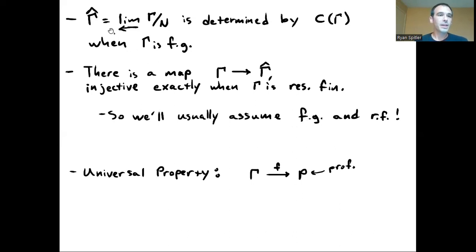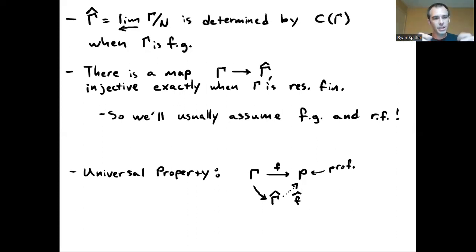One other nice property of the profinite completion is that it has a universal property. If I have any map from gamma, say we'll call the map F, to P, some profinite group, meaning some inverse limit topological group that comes from this inverse limit operation on a collection of finite groups, then it will actually extend through the profinite completion.